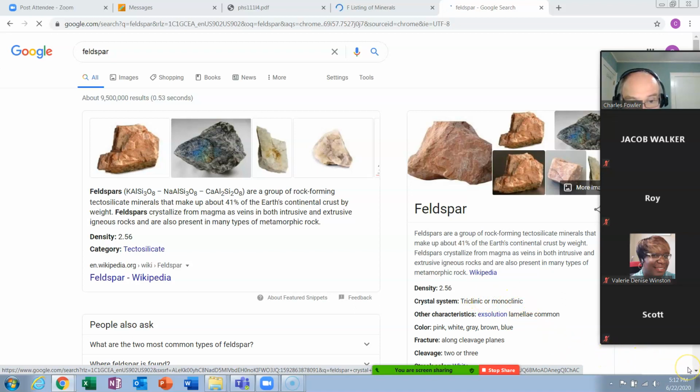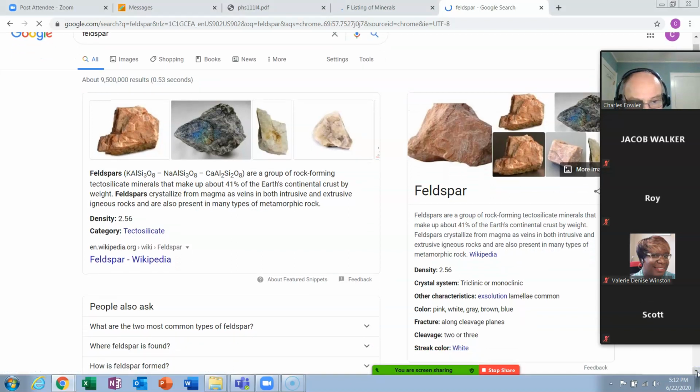So let's see, is there enough information right here? There's color, there's streak. I don't see luster or hardness. Okay, so probably can't just use this.